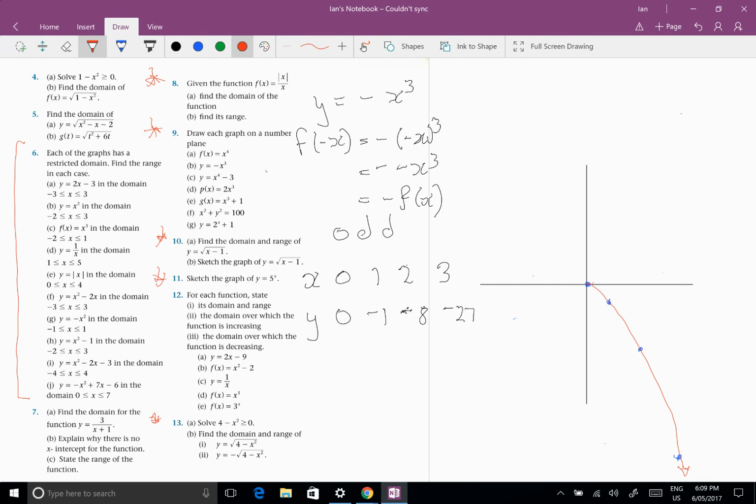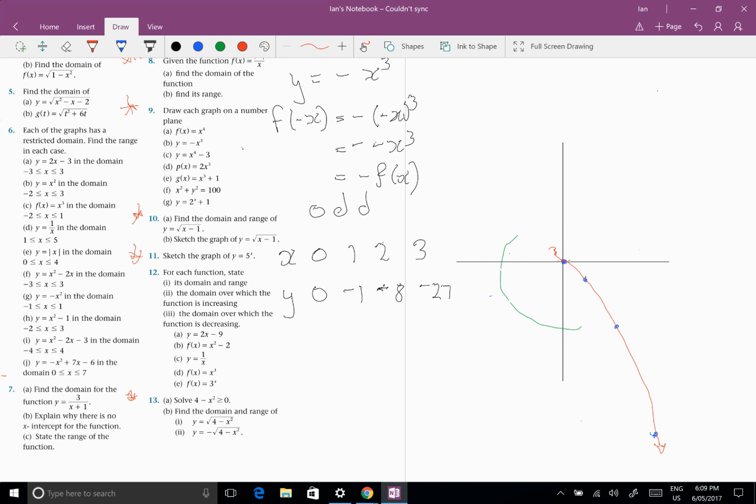And then rotate it 90, rotate it up to there. Oh, the whole thing moved then. And I'll get rid of that. And there it is. And that's y equals negative x cubed.